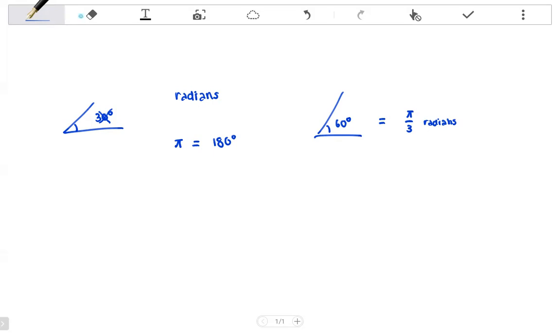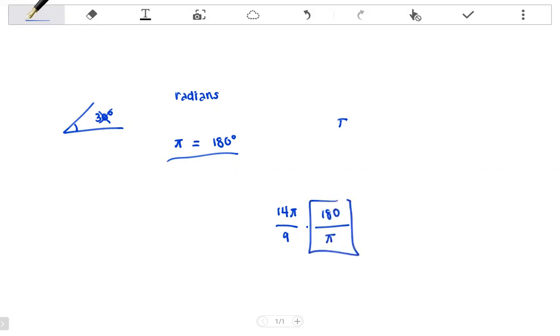There are going to be a lot of cases where you have to convert degrees to radians or vice versa. How you do that is we just use ratios. We know that pi is 180 degrees. So if you're told to convert 14 pi over 9 to degrees, how many degrees is that? We know that pi is 180 degrees, so we use pi over 180 degrees.